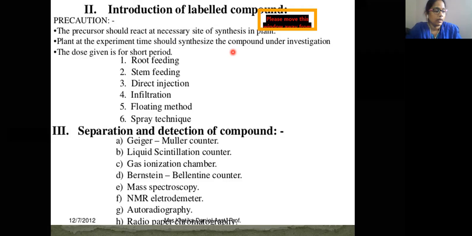Then the next step is we have to insert this radio labeled compound into the plants, right? Before introducing this radio labeled compound into the plant, the first thing is you have to choose the site. Okay, so where to introduce this radio labeled compound, right?